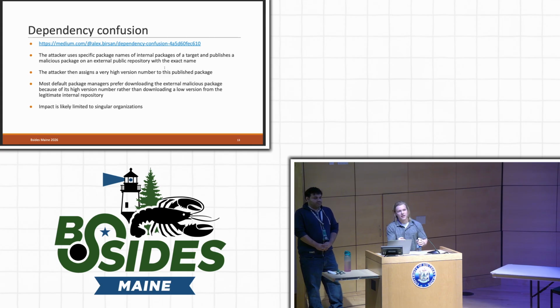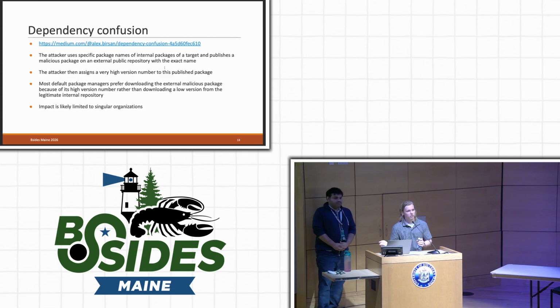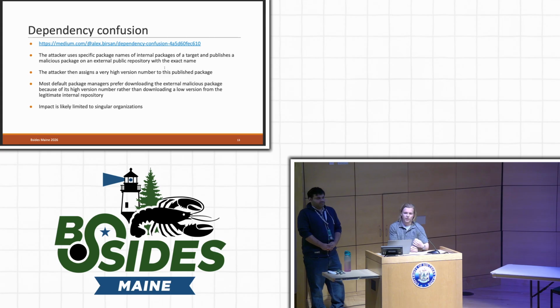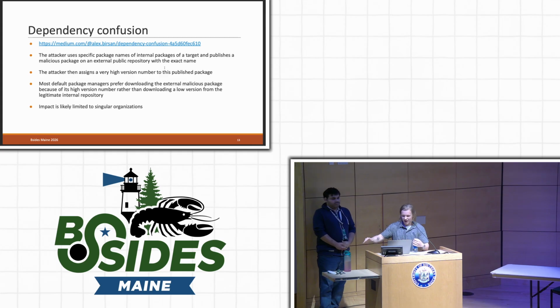number. And then if you have, for example, any workflows that just automatically install the dependency because they trust that their internally hosted package is safe, the registry is actually going to prefer, by default, the public instead of the private. So if you upload malware at a very high version number, it's going to end up downloading the malware because NPM thinks, oh, well, this is newer, we must use this.